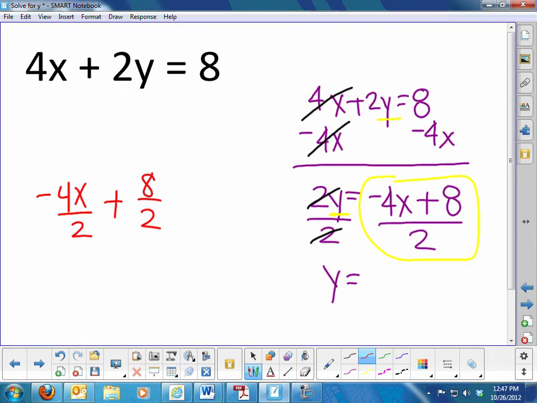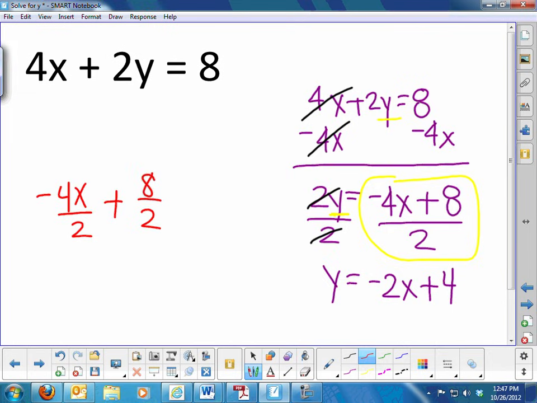Now if I do negative 4x divided by 2, I get negative 2x. Then when I do 8 divided by 2, I get a positive 4. Now I have my equation in slope-intercept form. I have it solved for y: y equals negative 2x plus 4.